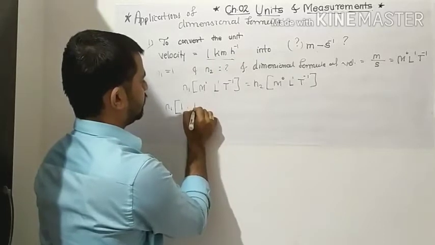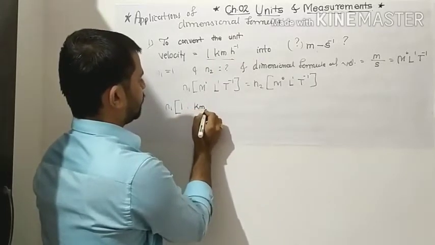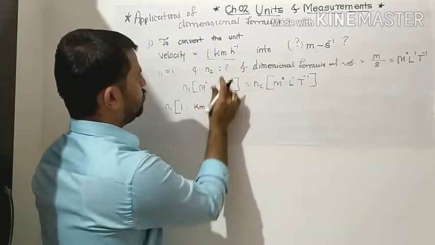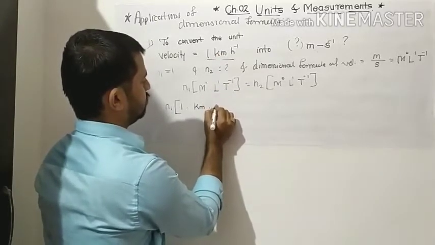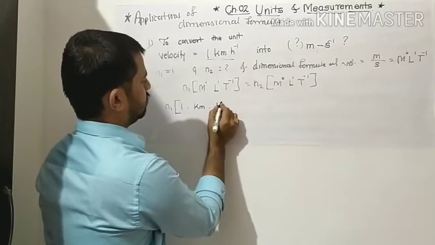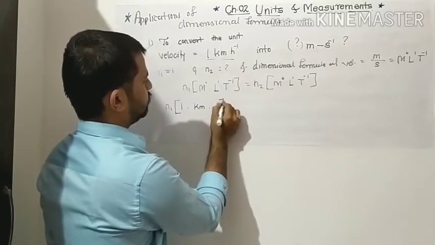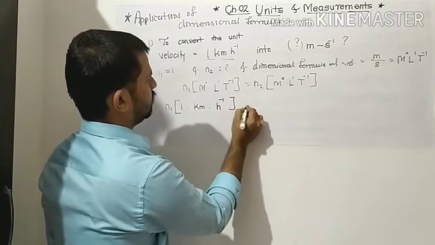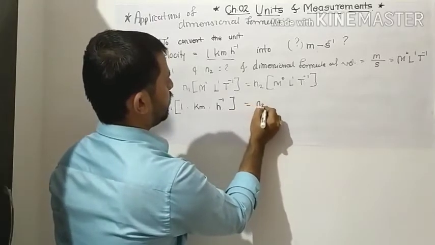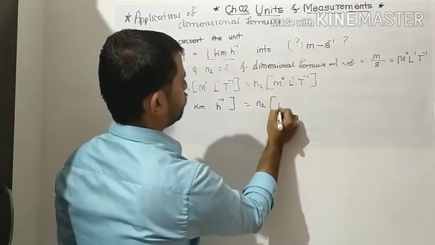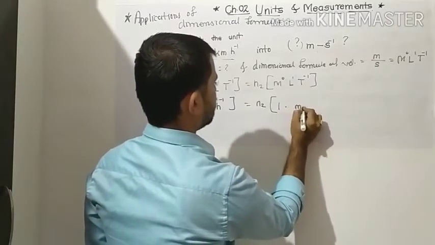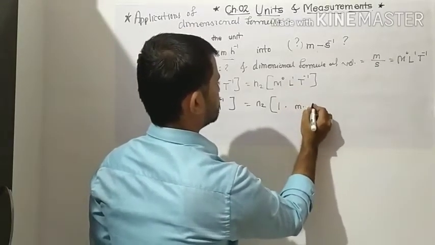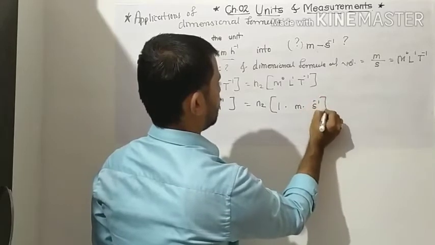Okay, so we can write here kilometer into hours raised to minus 1. Then the n2 we have to find out is equal to what, here it is meter, then again second raised to minus 1.